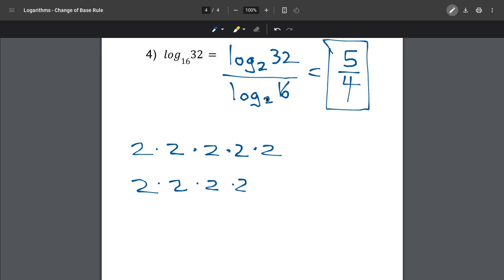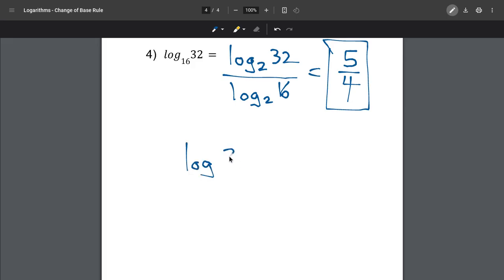Now, let's say you can't come up with a base. Well, you can use the change of base rule with any base. So you could, in a calculator like Desmos or a scientific calculator, you could just do log of 32 divided by log of 16, and if you did that, you would get 1.25.